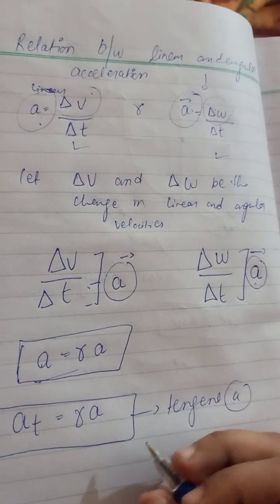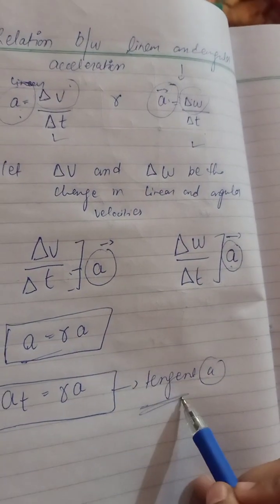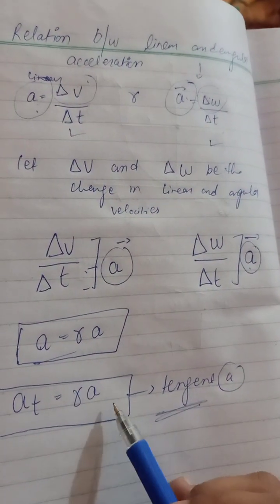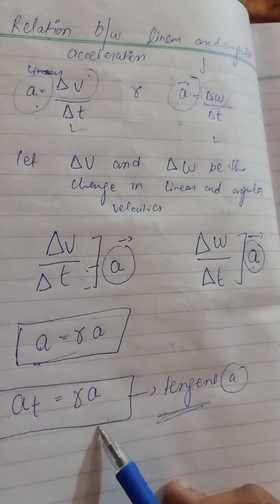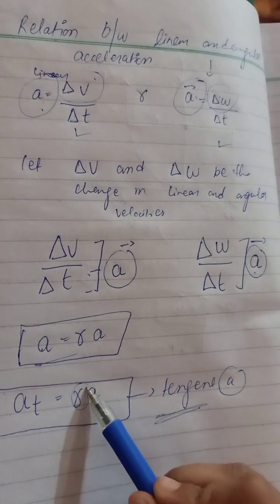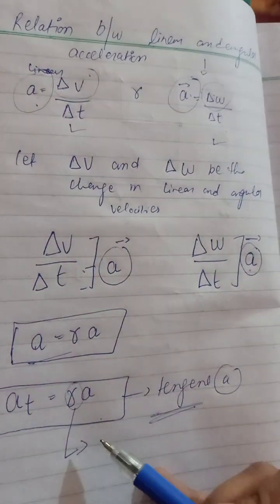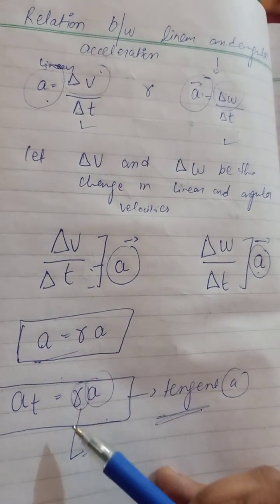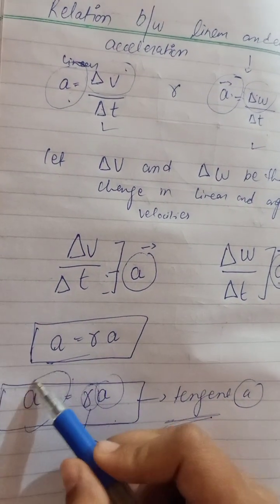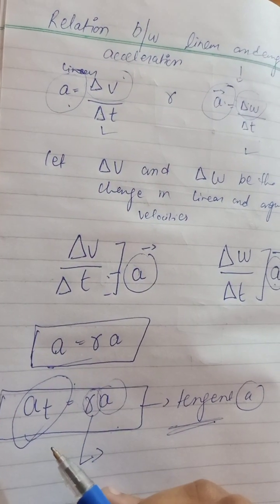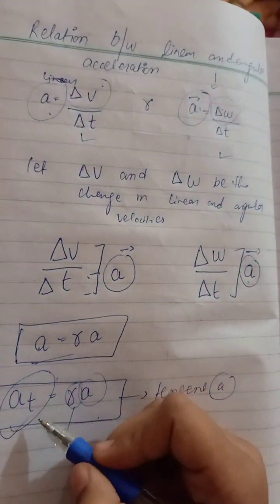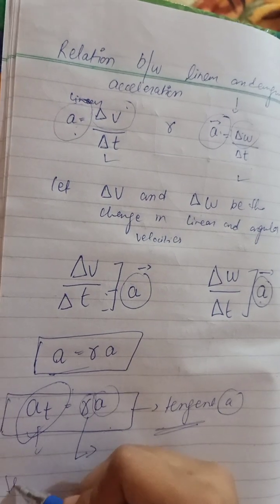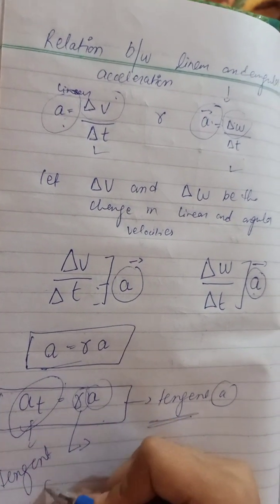Okay, so what is the definition of tangential acceleration? It is the product of the position vector, r, and the angular acceleration, which is called the tangential acceleration.